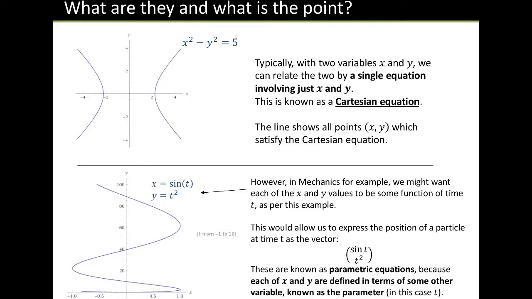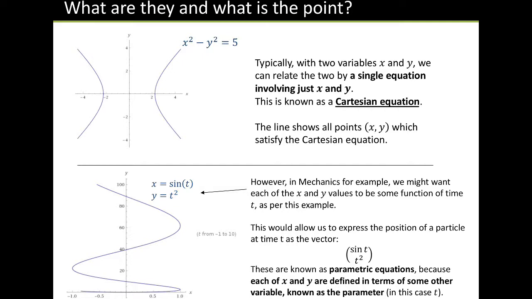We can relate the two by a single equation. This is known as our Cartesian equation. The line shows all the points x, y, where x, y is a coordinate which satisfies the Cartesian equation, and there's our graph.